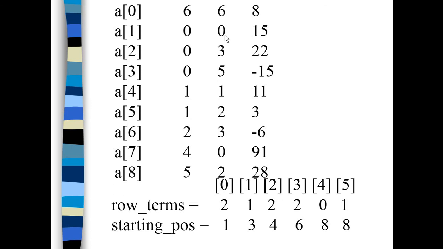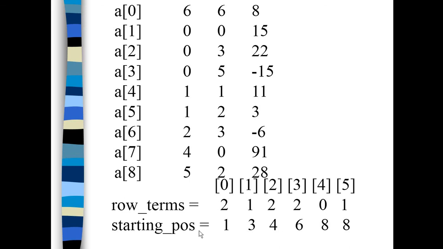In the second column, however many there are, they will be in the second row. In the third column, however many there are, they will be in the third row. So in the 0th row, 2 elements; we are referring to the column here, because in the transpose matrix they will become rows. In the first row, 1 value; the second row, 2 values; the third row, 2 values; the fourth row, no values; the fifth row, 1 value.